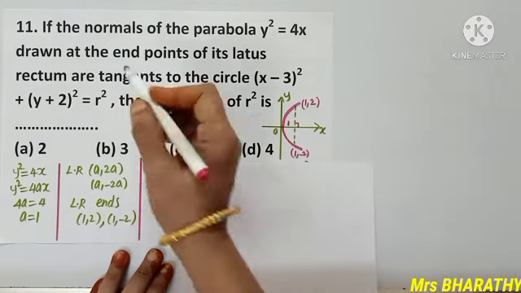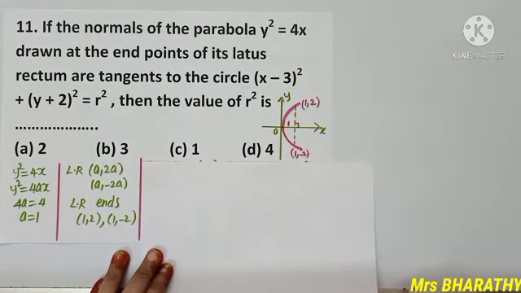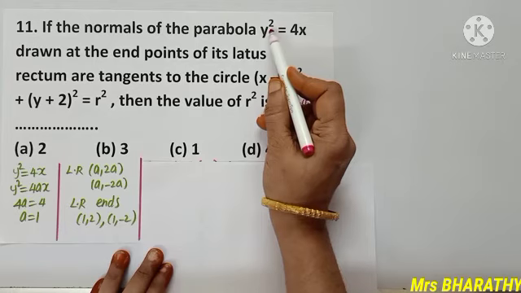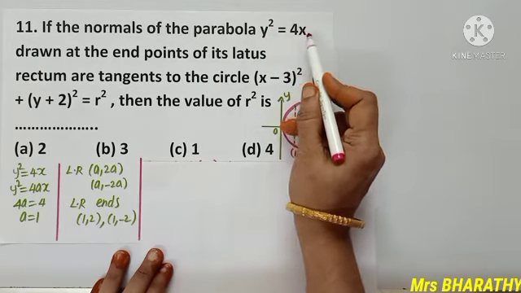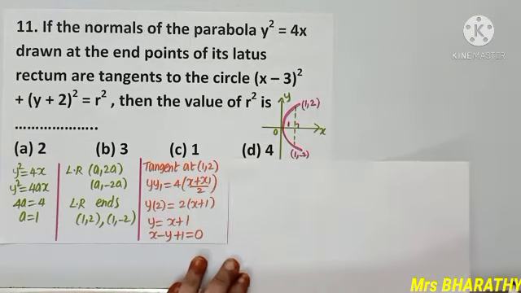Now my question is to find normal at the latus rectum end. First let us find out tangent. How to write tangent for this equation? y1 equals 4. Wherever x comes, x plus x1 by 2. Y square becomes y y1.